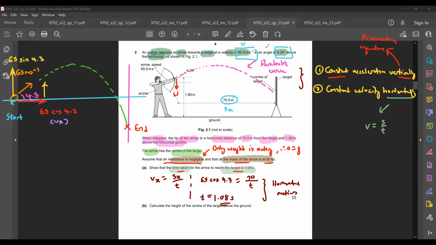Now, the next thing would be part 2. Calculate the height of the center of the target above the ground. Okay. So in your case, the height of the center of the target above the ground is talking about this part. If this is the center of the target where the arrow hit, they want the height above the ground.